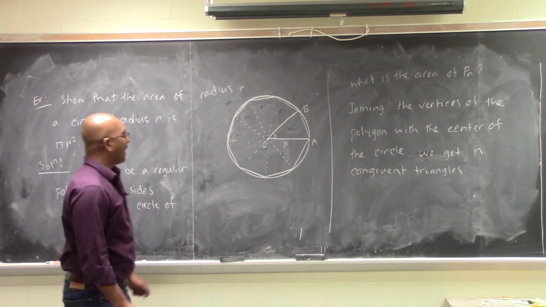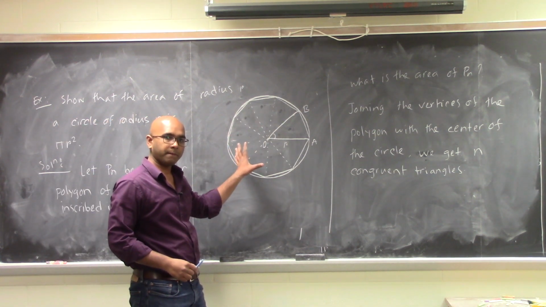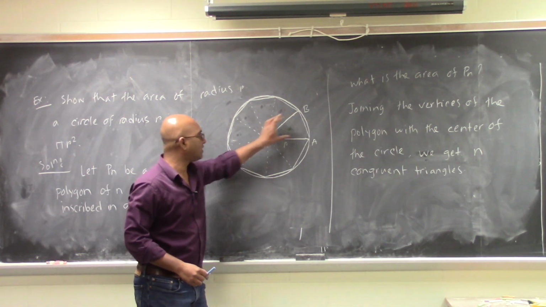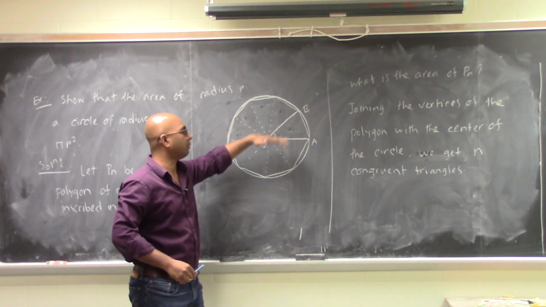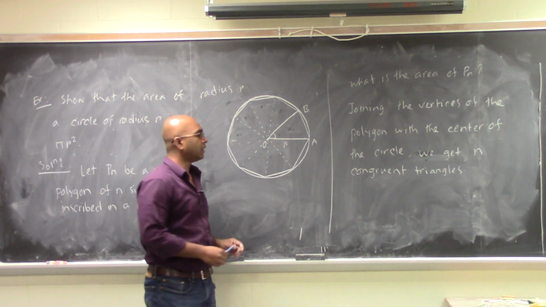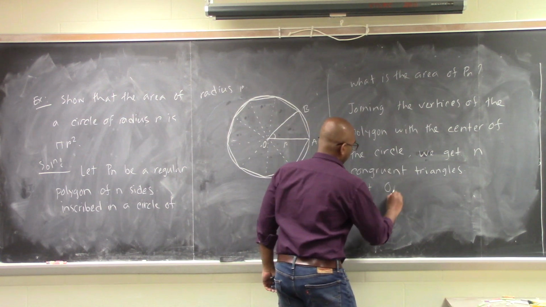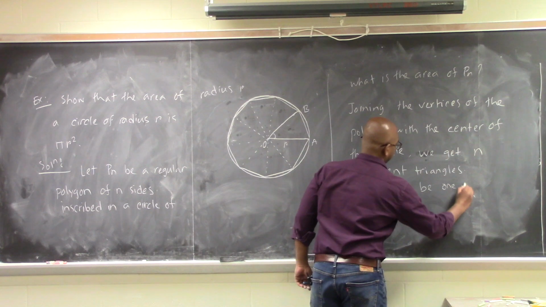Right? And therefore, each of these triangles have same area. Okay? So now if I can figure out area of, say, this triangle and then multiply this by n, then I will get the area of this whole polygon. Right? Okay? So let O, A, B be one of these triangles.